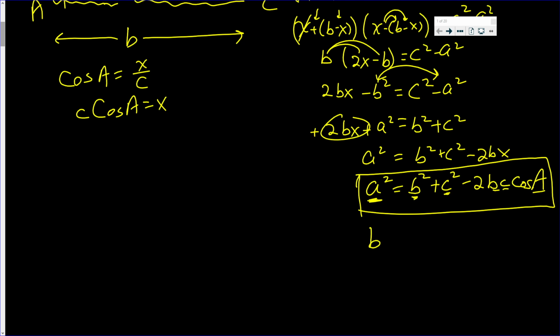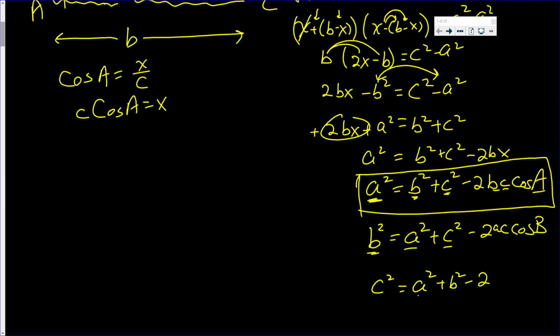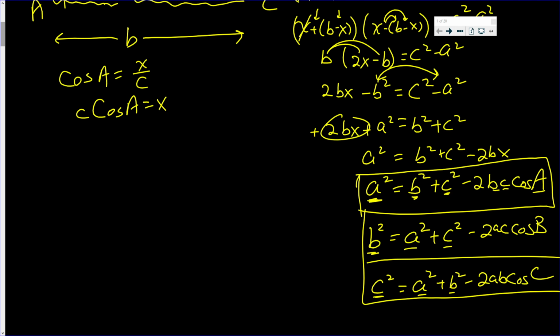So if I have little b squared, this is equal to a squared plus c squared minus 2 times those letters times the cosine of big B. Or, if I had c squared first, that would equal a squared plus b squared minus 2ab cosine of not little c, but big C. Those are the 3 forms of the law of cosines.